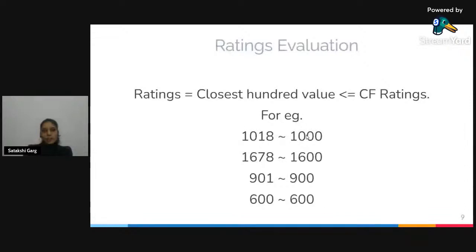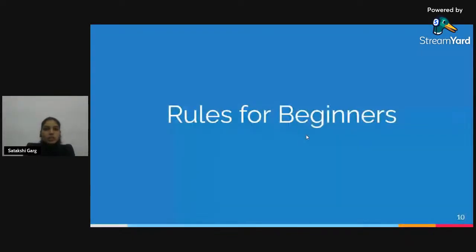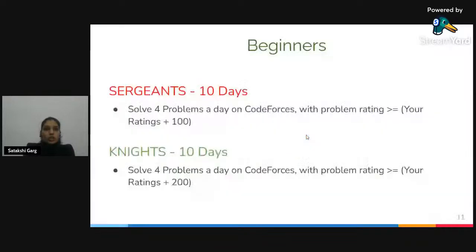So now let's talk about what the rules of the CP camp will be for beginners. First of all, let's talk about surgeons. Initially, all of you would be surgeons, and for beginners, suppose your rating is, let's consider, 1000. You will need to solve problems with problem rating plus 100.